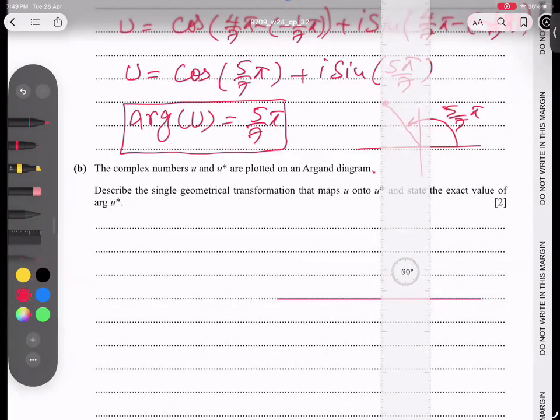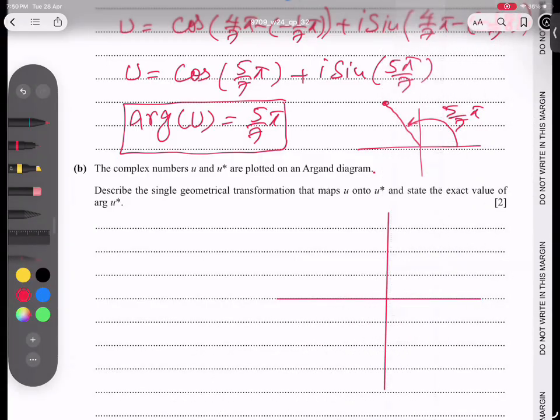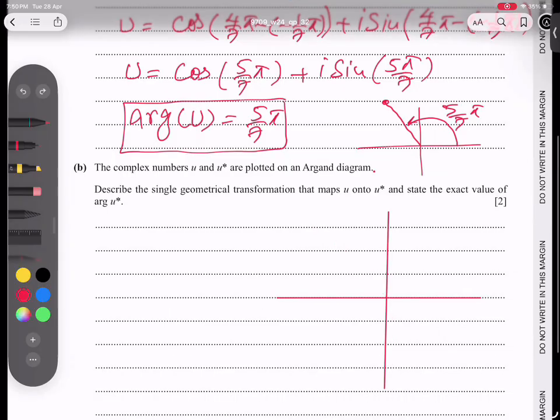Okay. And you can see, students, basically 5 pi by 7 is approximately 128 degrees. So this is more than 90, so we need a point here. You can make it anywhere on this line, because we can take our scale as we wish. If I take 1 here, so 1 is coming here.